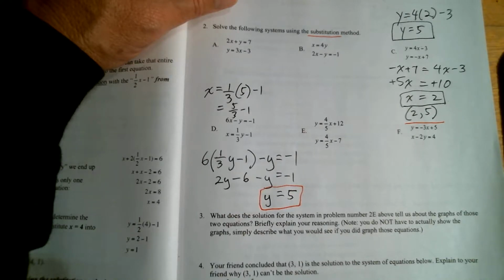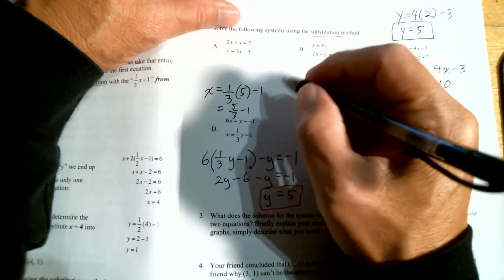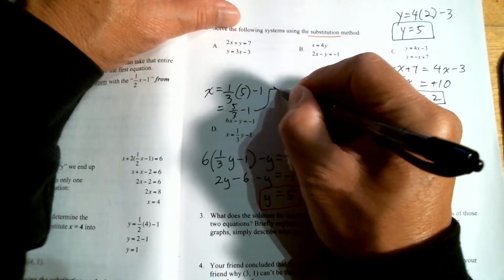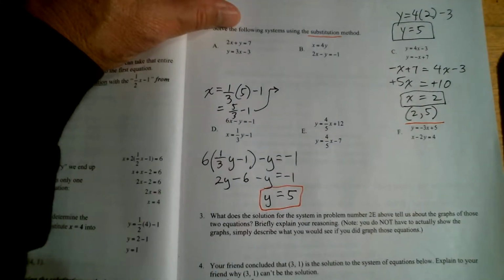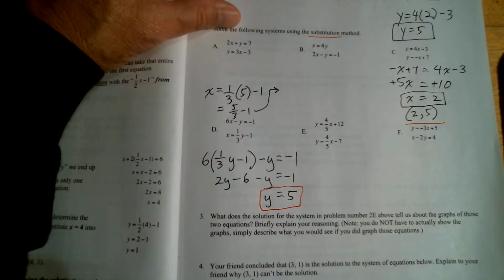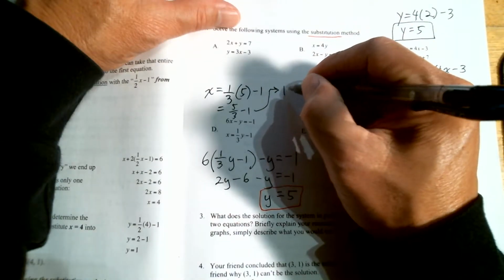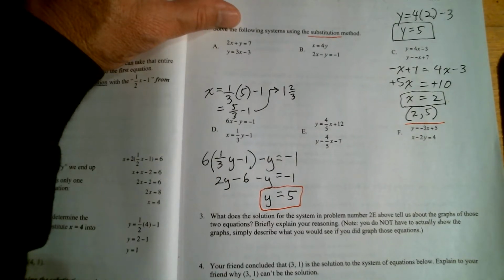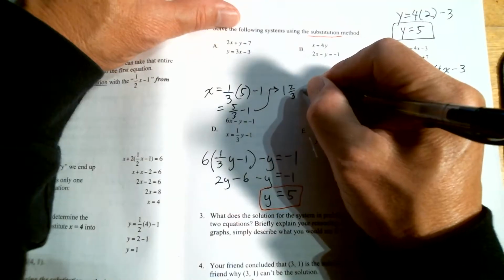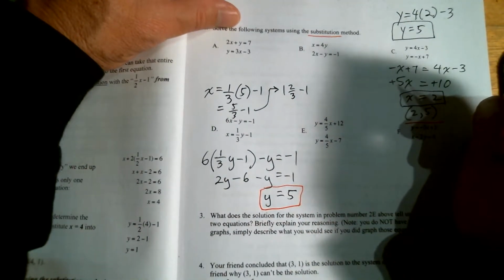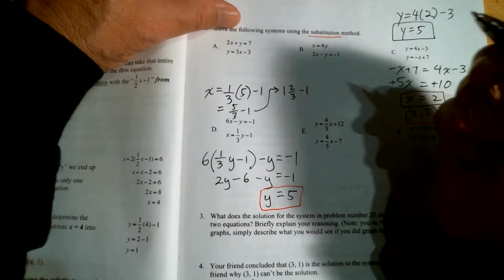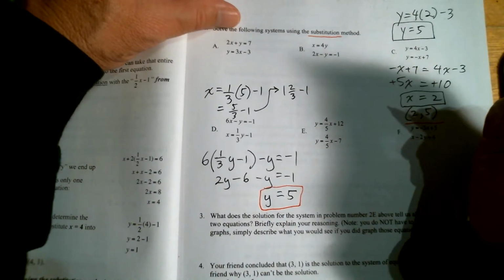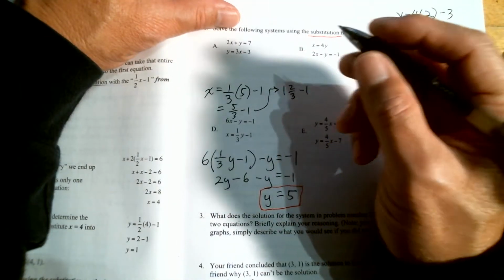What else can we call that? 5/3 is also 1 2/3. Okay, minus 1. 1 2/3 minus 1 equals just 2/3.